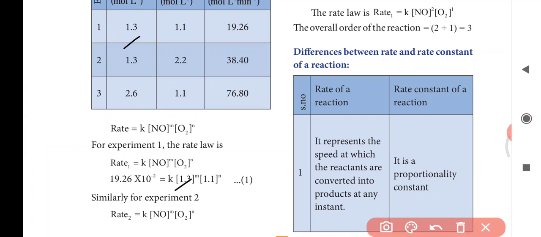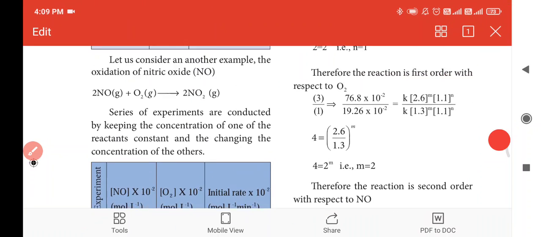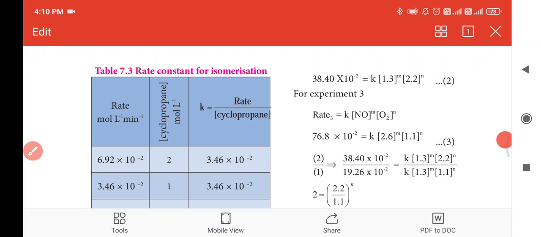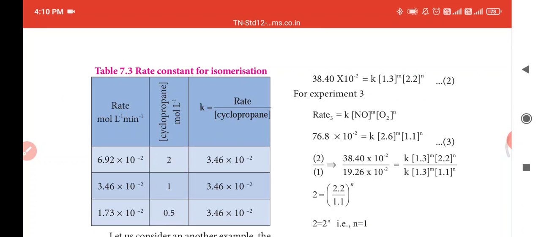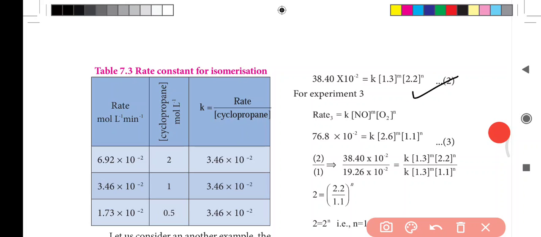Similarly for experiment 2, we put the values as above: rate 2 equals k times the concentration of nitric oxide to the power m and the concentration of oxygen to the power n, substituting the concentration values. We take this as equation 2. For rate 3, equals k times the concentration of nitric oxide to the power m and oxygen to the power n.